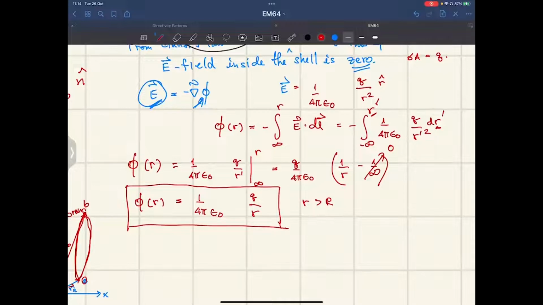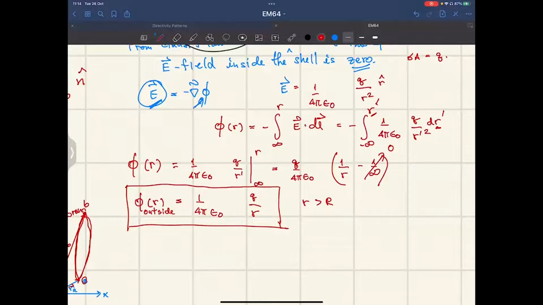Okay, now we see this thing is outside. We forgot to write outside. Now we want to find the potential inside. We know that it's a constant. It can be 0, it can be anything. Okay, let's check it. I actually told you that it depends on the field outside.